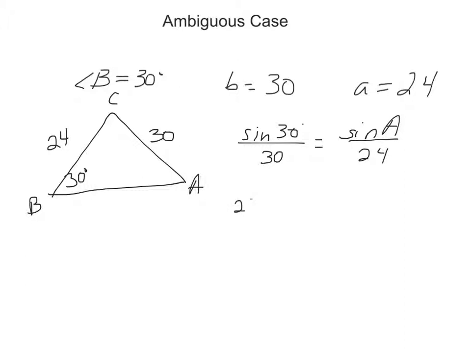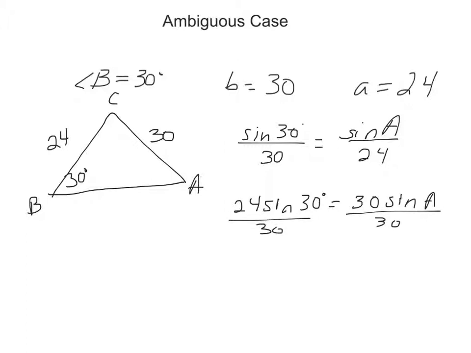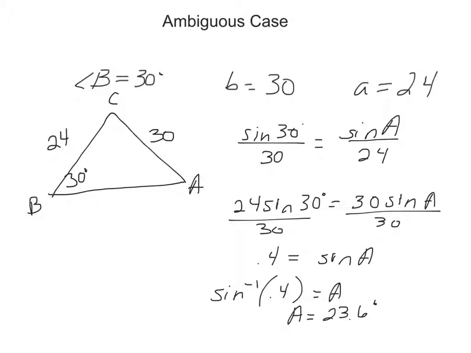Cross multiply, 24 sine of 30 is equal to 30 sine of A. Divide by 30. This comes out as 0.4 equals sine of A. We'll do an inverse sine on 0.4 and get that angle A is equal to 23.6 degrees.